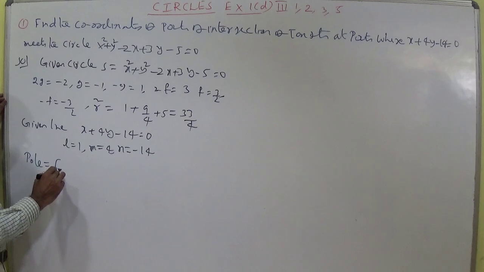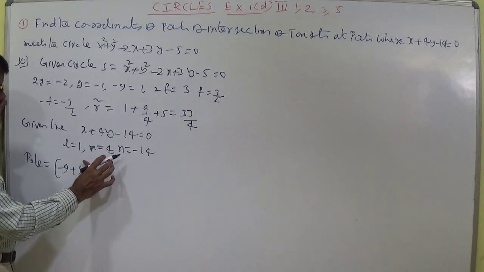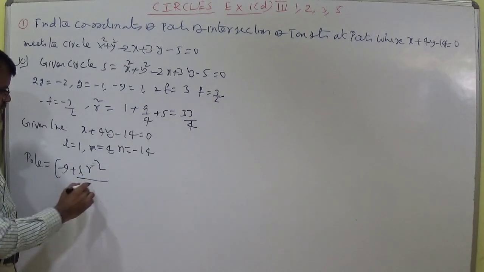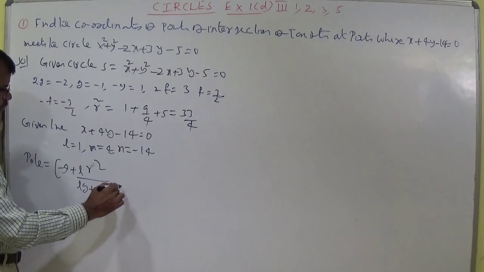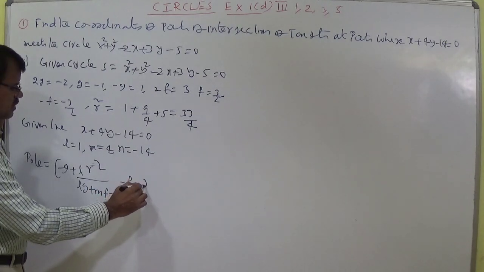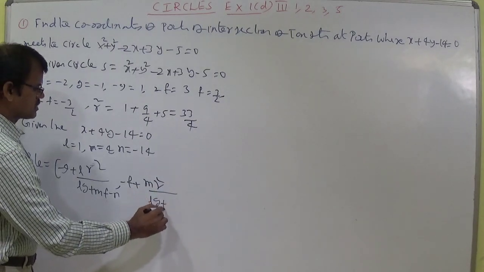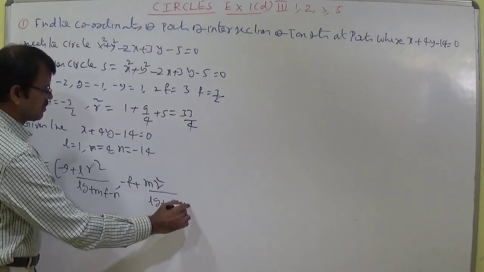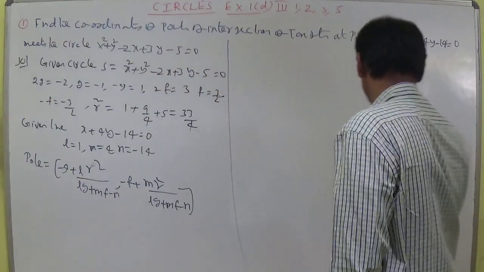Write the pole formula. Pole is equal to minus g plus L r square by Lg plus Mf minus N, comma minus f plus M r square by Lg plus Mf minus N. Using the formula, substitute the values and get the pole.